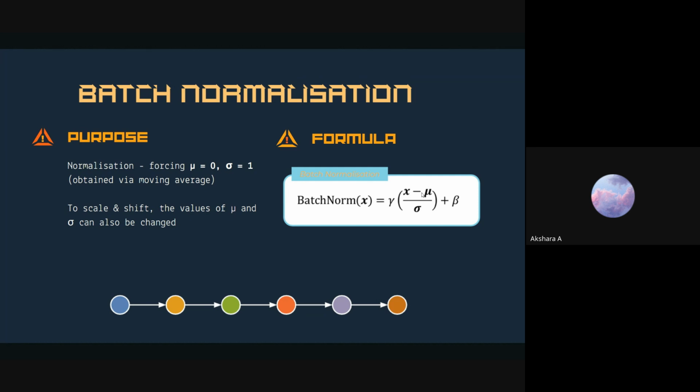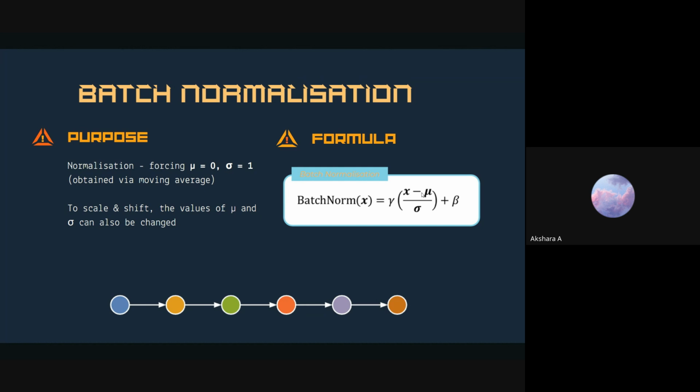Batch normalization normalizes the inputs to one layer, forcing the mean of the values to 0 and the standard deviation of the values to 1. This is typically obtained via a moving average during training. And the formula is batch norm equals x minus mu over sigma, times gamma, plus beta.